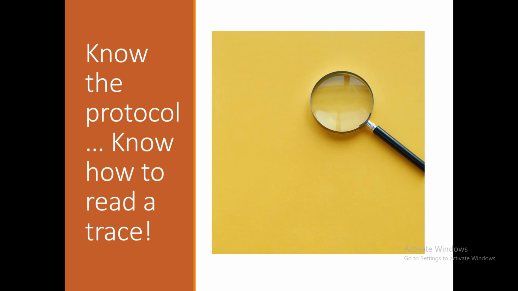Once you understand the protocol, then you have a real good idea of how to read the trace. And this is kind of where I've been trying to get you to all along. I'll summarize some of the things you should really know, and then we'll see how we use them.